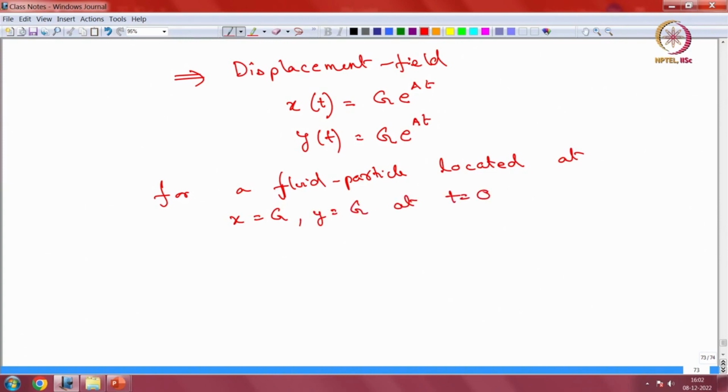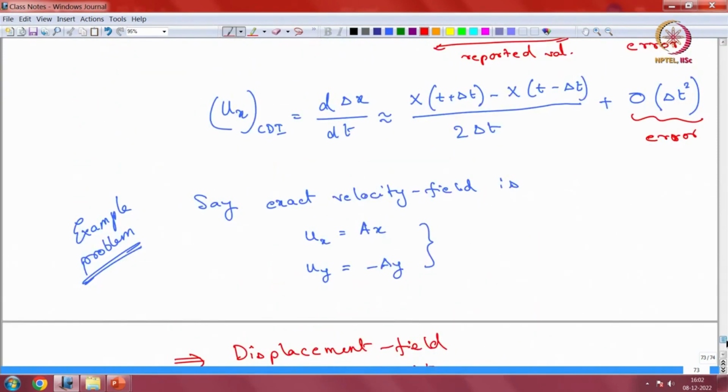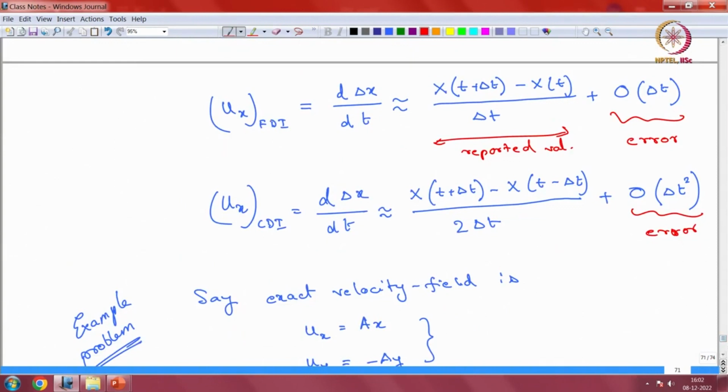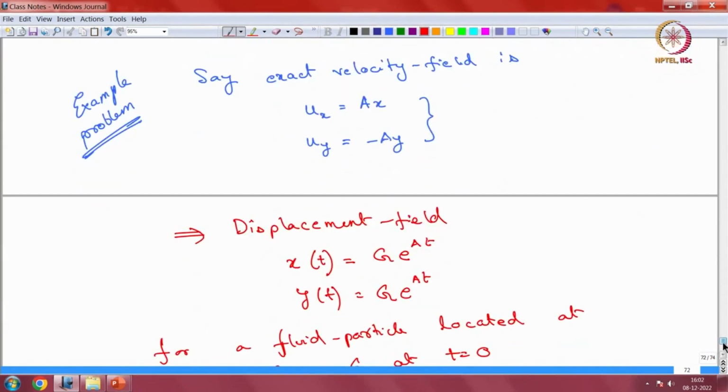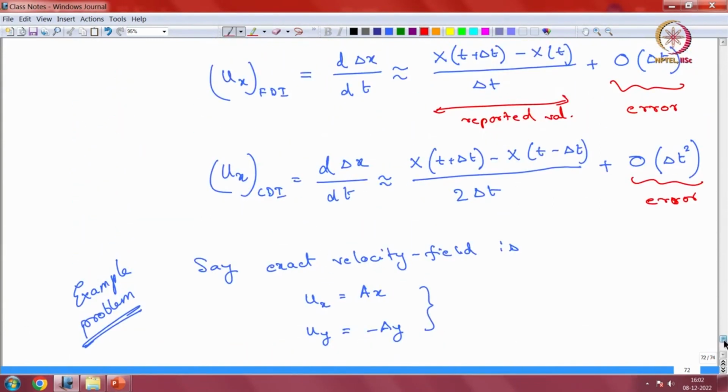Okay. So, the task at hand now is to find what UFDI and UCDI are and the corresponding errors. So, please apply the formulas that we have discussed here, and please calculate in this particular case the errors, and we want to understand that these errors are of the order of delta t and delta t square and how exactly.